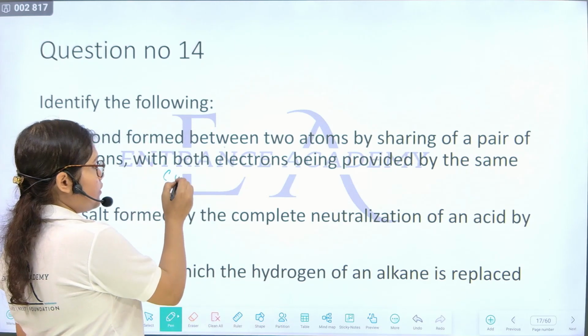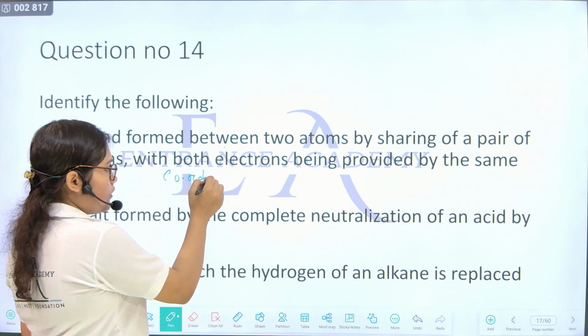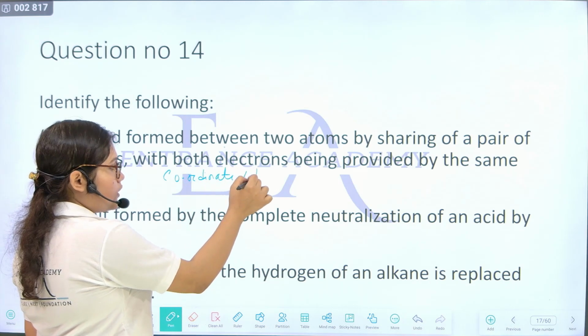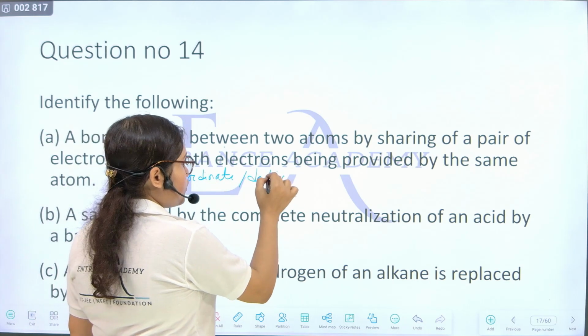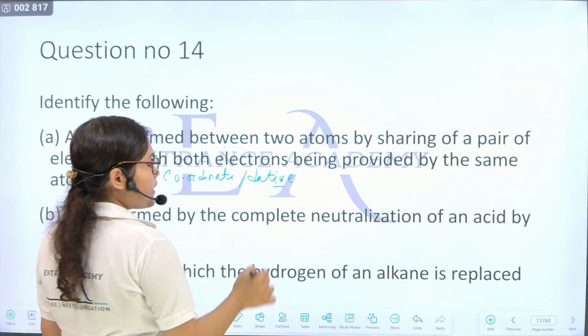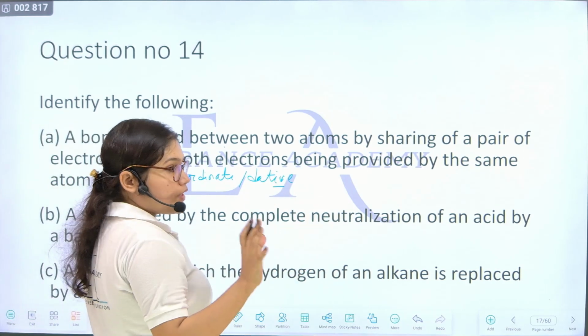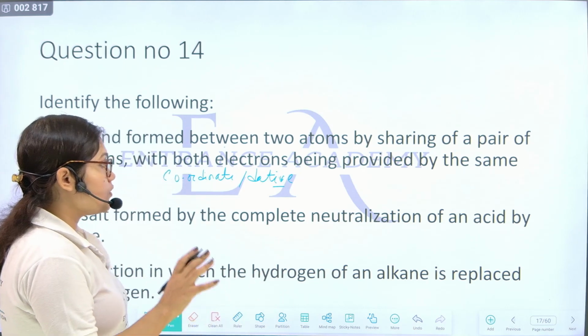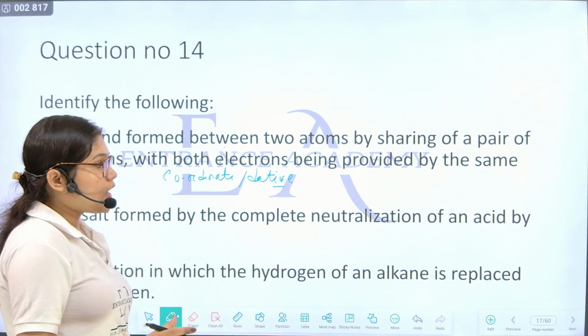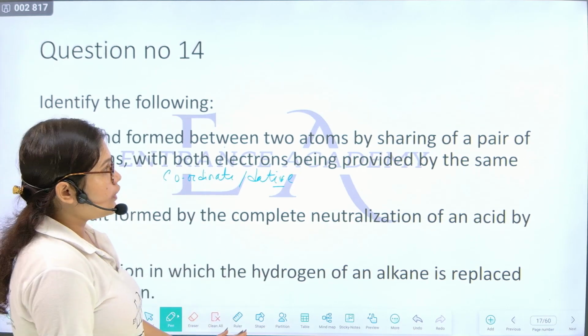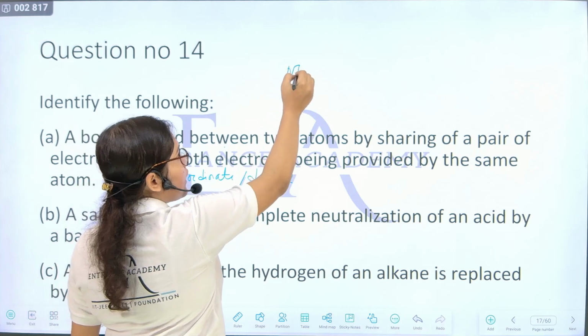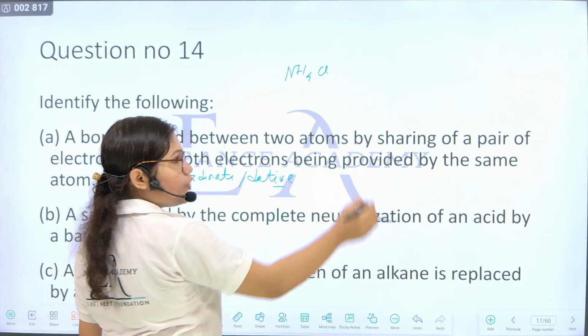The answer is coordinate or dative bond. The most important example, which has three different kinds of bonding: ionic, covalent and coordinate, is ammonium chloride.